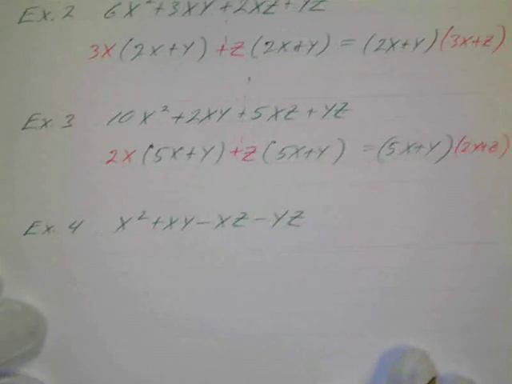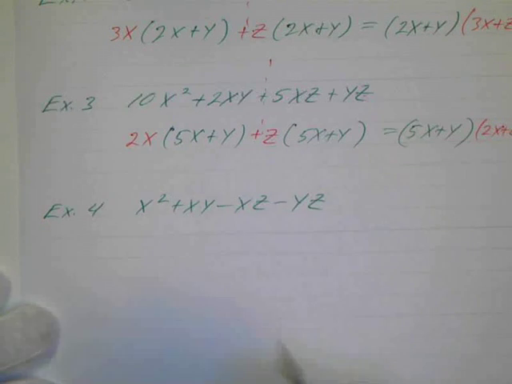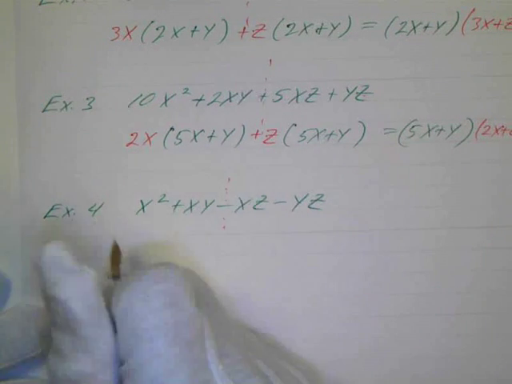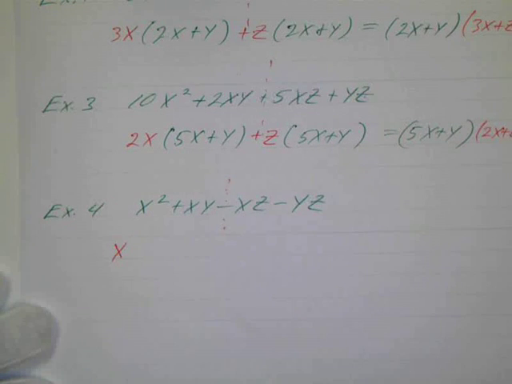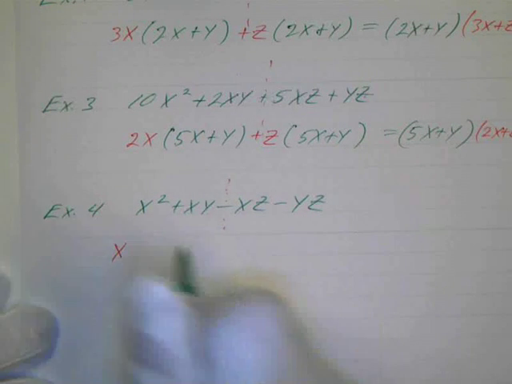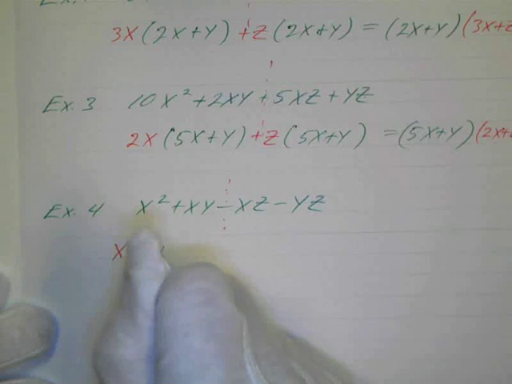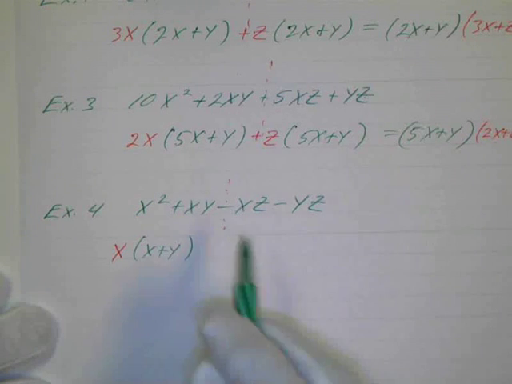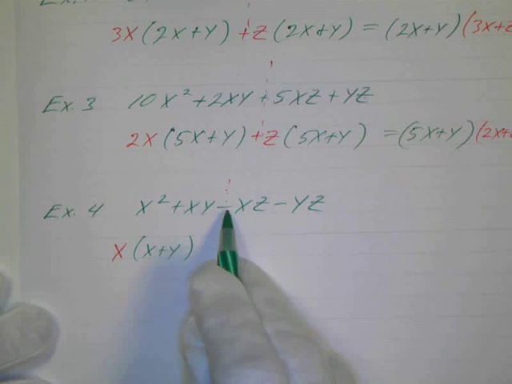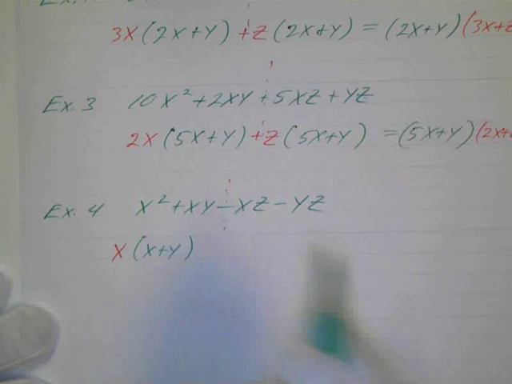Okay, one more. I think you'll have the hang of this, I hope. And out of these 2 terms, it looks like I could take out an x. So what's left is going to be x plus y. Now, we always take out the leading minus sign. Well, not always, but usually. So I've got a negative, so I'm going to factor out a negative as well as a common factor.